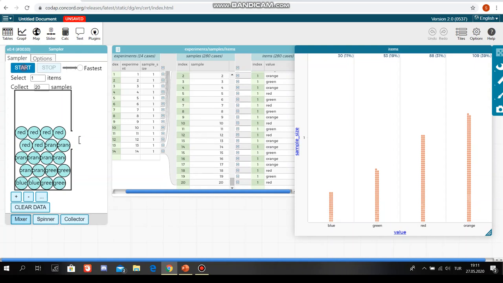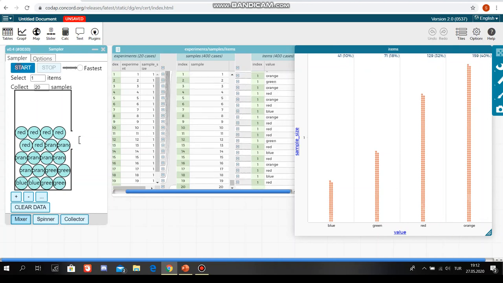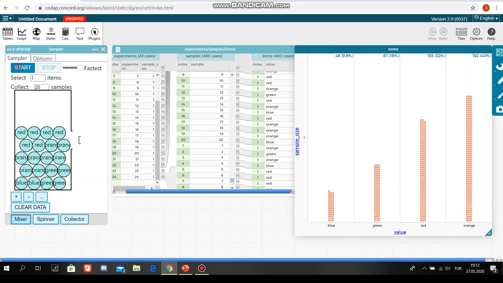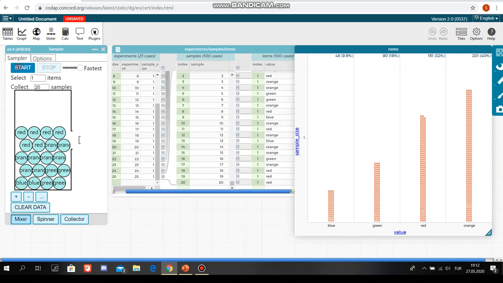I am increasing the number of experiments actually. What do you notice when I increase the number of experiments? Please pay attention to the percentages and remember what we found before in the PowerPoint slides. And I am doing the final ones and I stop here.